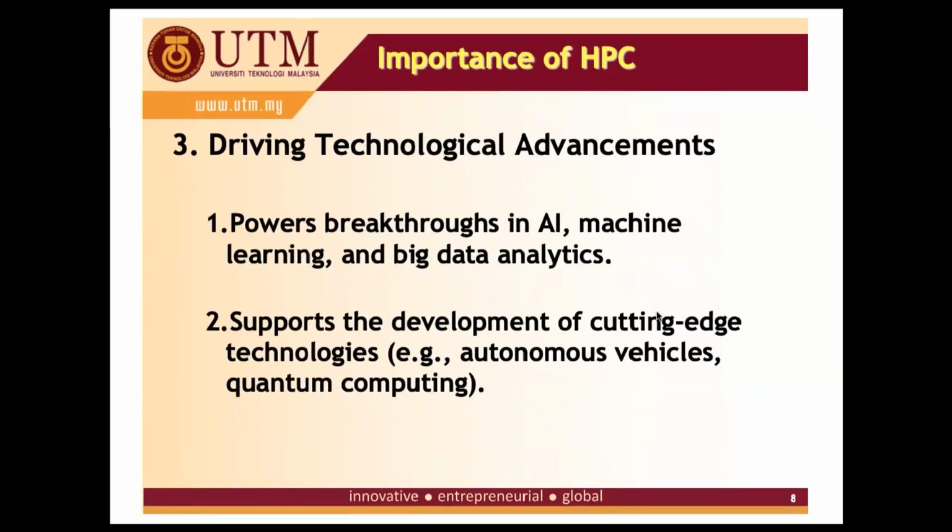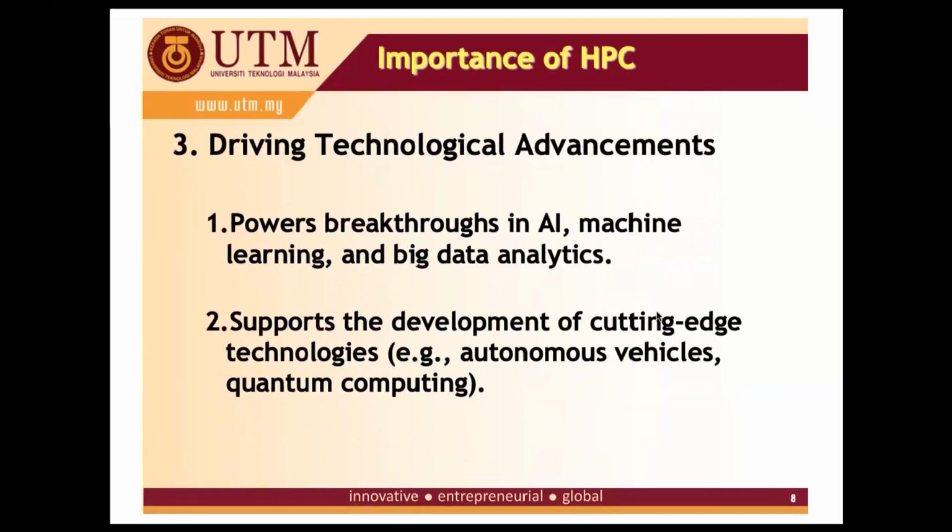And then driving technological advance. First, power breakthroughs in AI, machine learning, and big data analytics. That's the current technology they use. And support the development of cutting edge technology. For example, autonomous vehicles using ad hoc networks. Quantum computing, recent technology also.